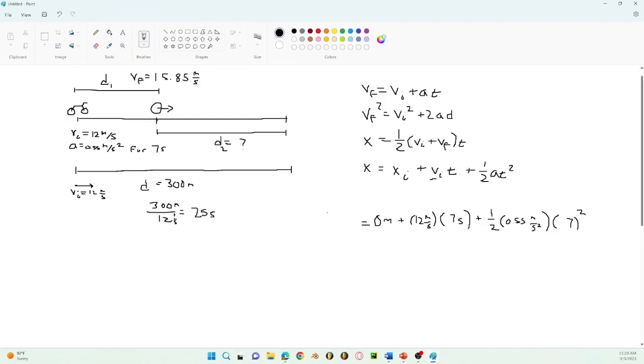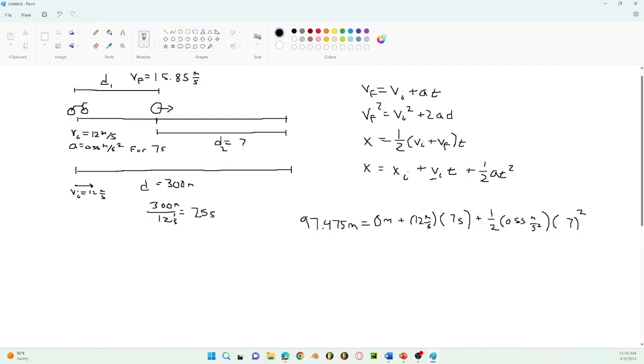And the answer we're going to get here is going to be equal to 97.475 meters.